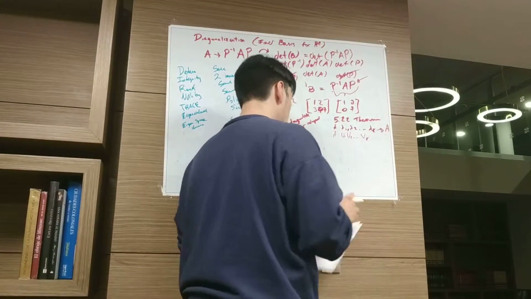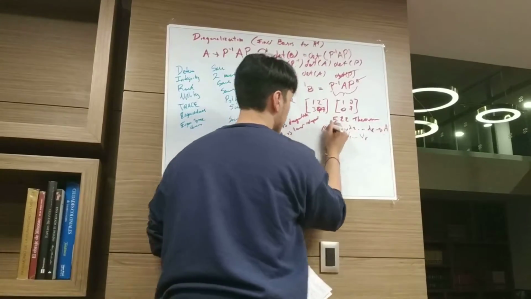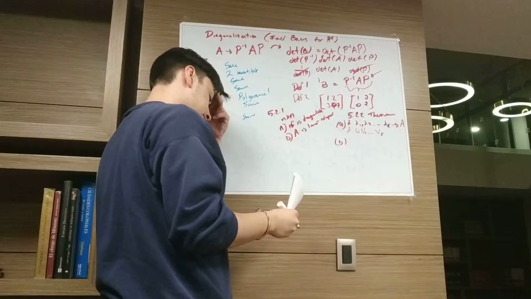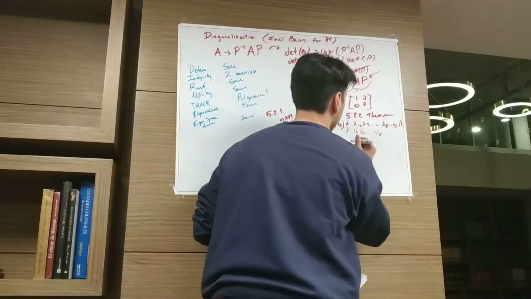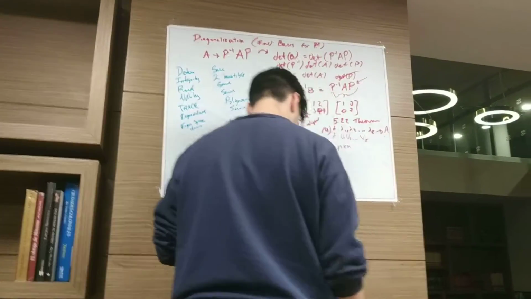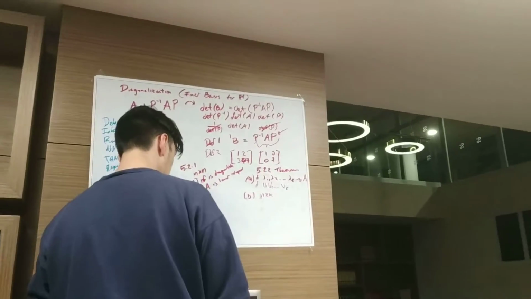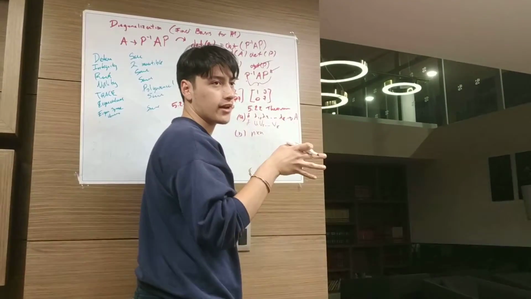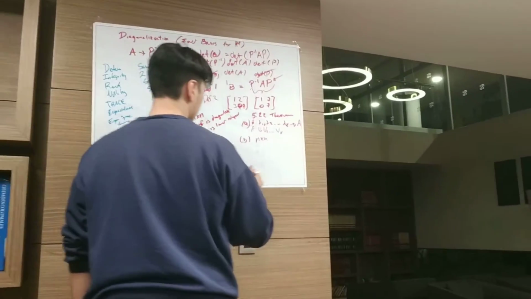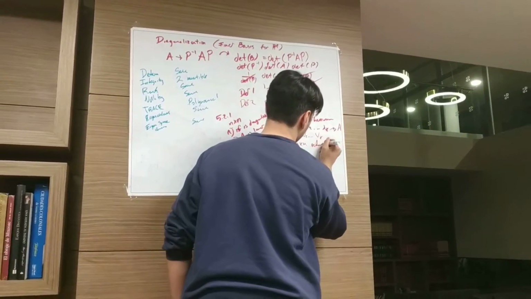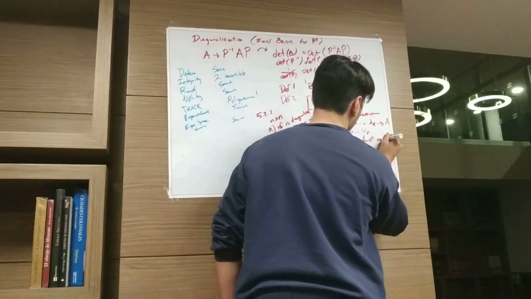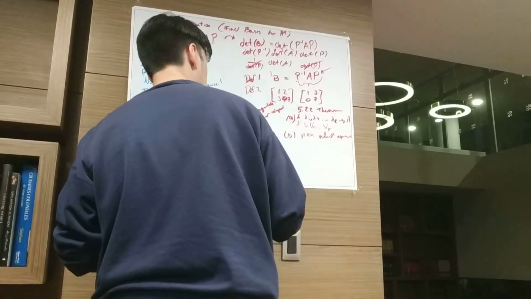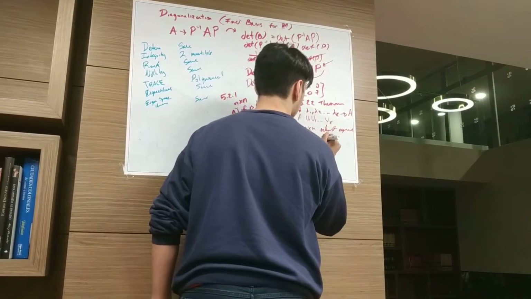And the second thing that the theorem says is that an n times n matrix with n distinct eigenvalues is diagonalizable. So with distinct eigenvalues, okay, it's diagonalizable.